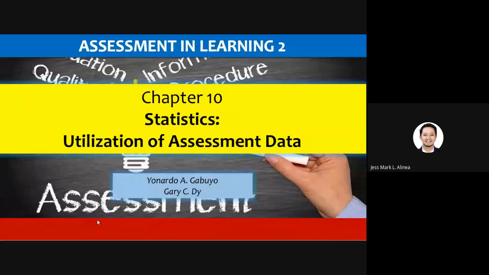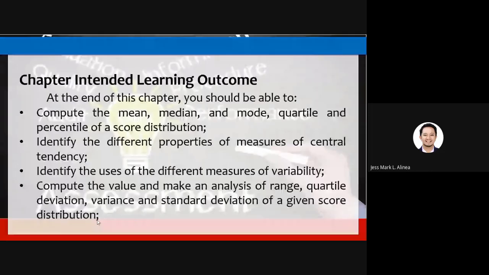Somebody read the CILO, please. At the end of this chapter, you should be able to compute the mean, median, and mode, quartile, and percentile of score distribution.